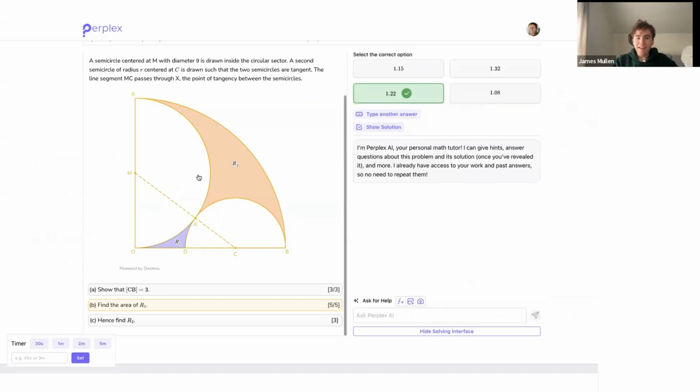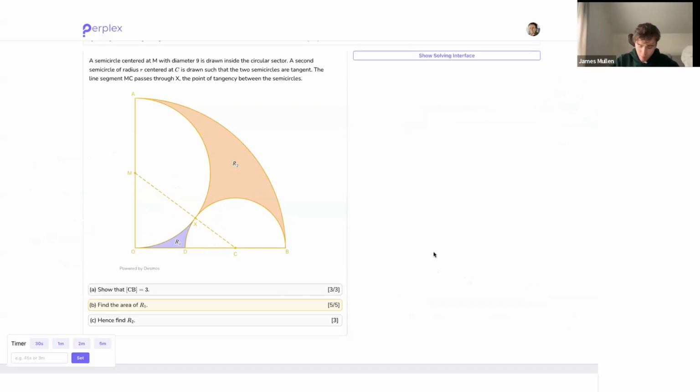1.22. And now to find the area of R2, it's actually a little bit easier because I know the area of the whole quarter of the circle. Remember, this is a radius of 9, so its area is equal to half theta r squared, and theta is pi over 2 here, so half times pi over 2 times 9 squared is equal to 81 pi over 4.